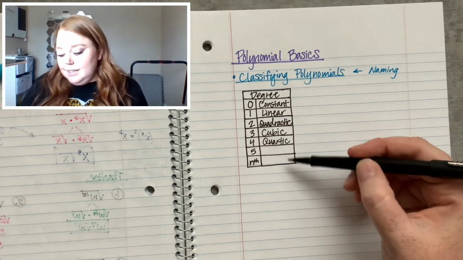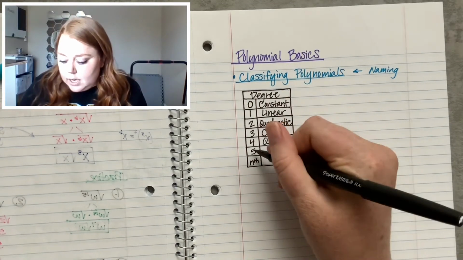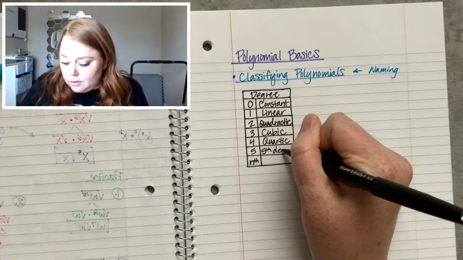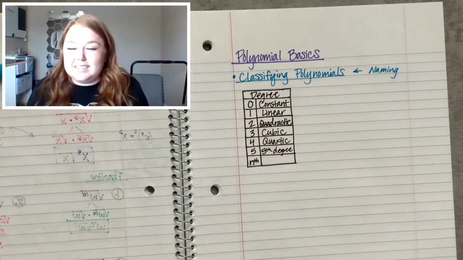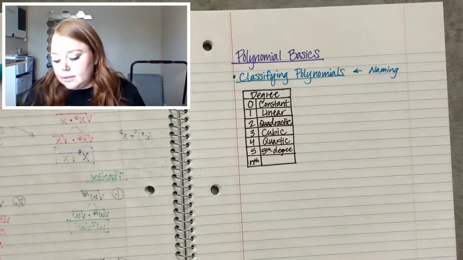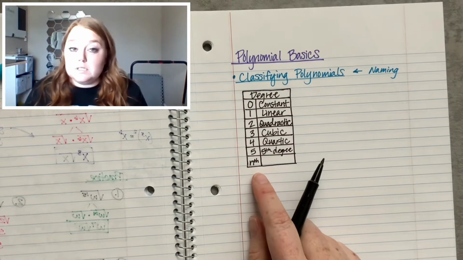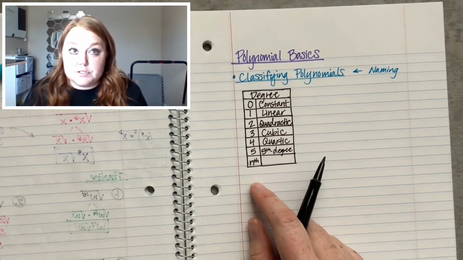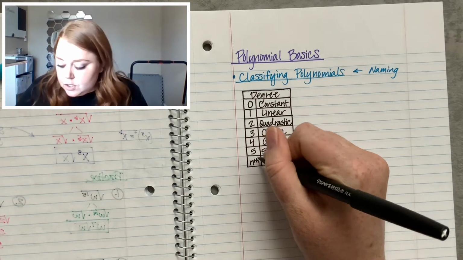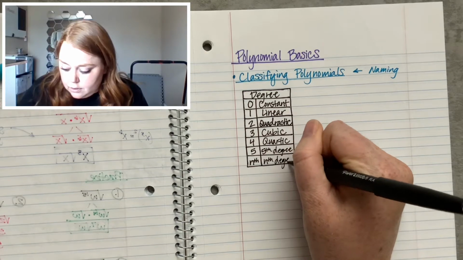And then anything above 4, if the degree was 5, we're just going to say it's a 5th degree. Technically, I think there's a word for it, quintic or something. But after that, 5th degree, 6th degree, 7th degree, and then the n just means any number. So if it had a degree of 17, it would be the 17th degree. So for the nth degree, we just literally say nth degree.